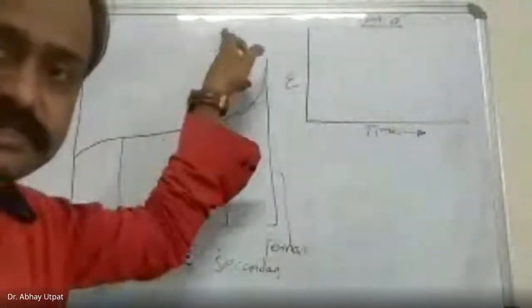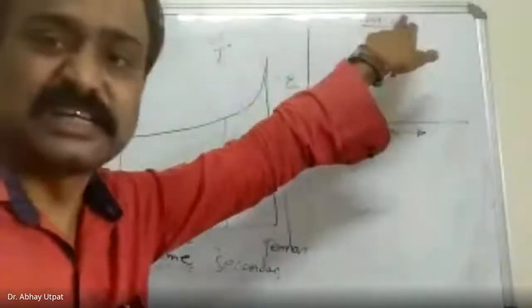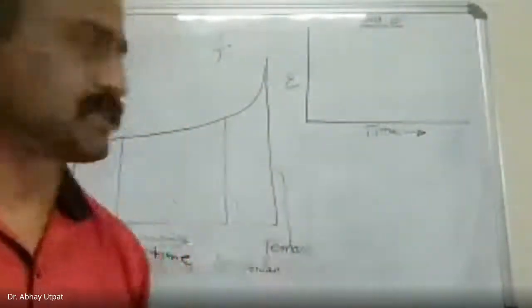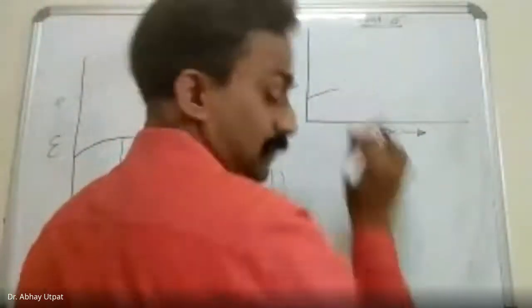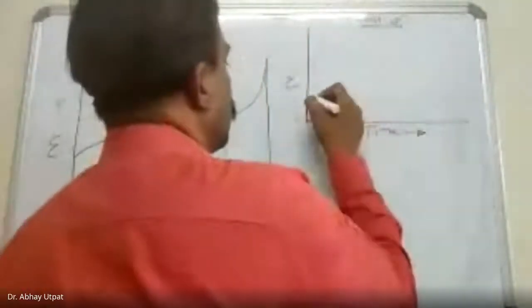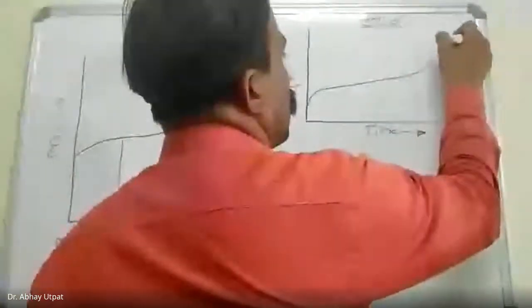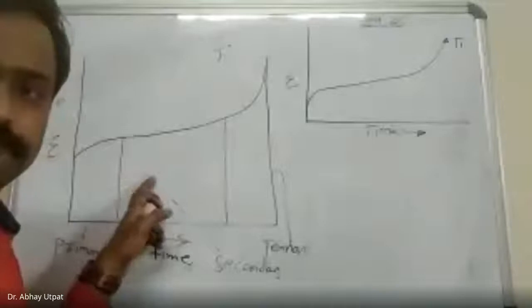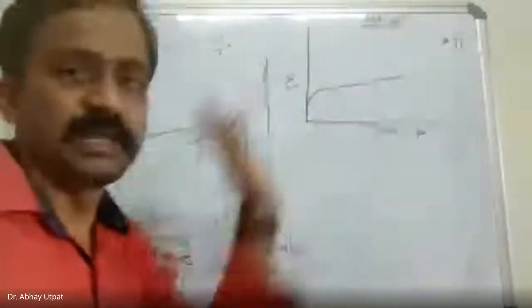For constant stress, if you increase temperature, strain will increase. So I have written constant stress. You also write in words, constant stress. Now, this is the creep curve for temperature T1. I have drawn the same curve here, for constant stress and constant temperature T1.